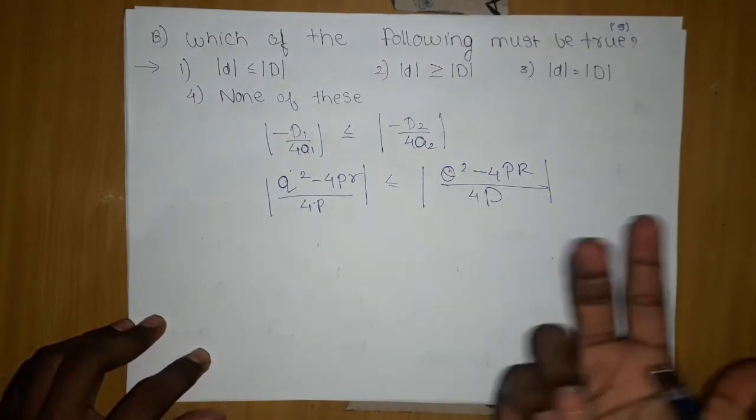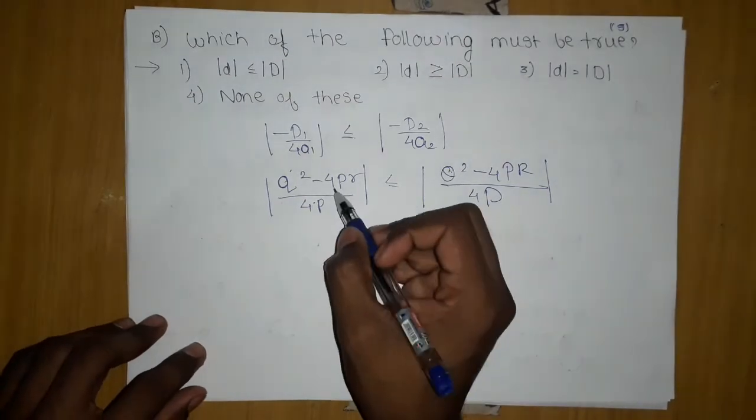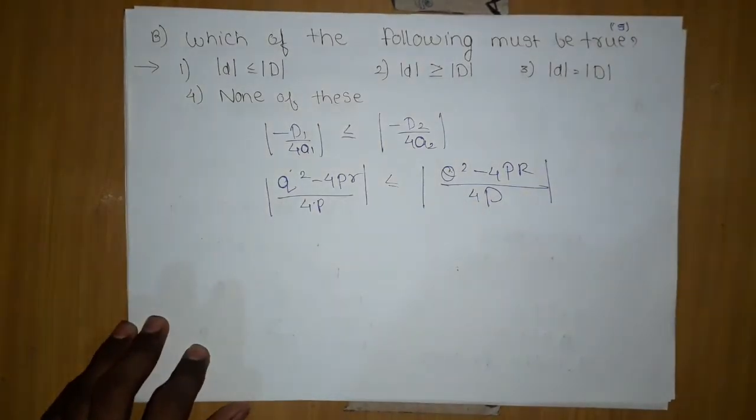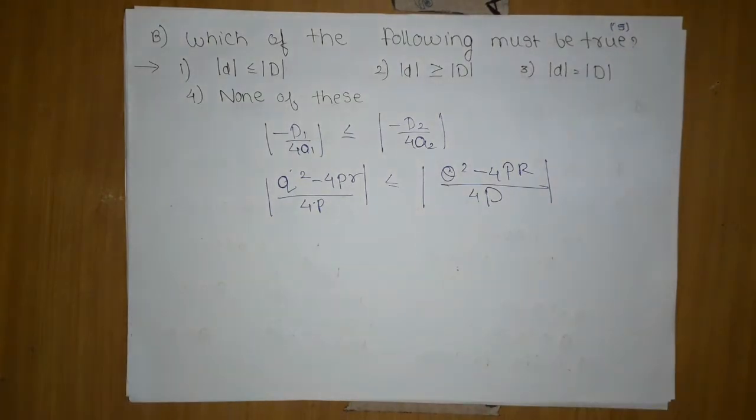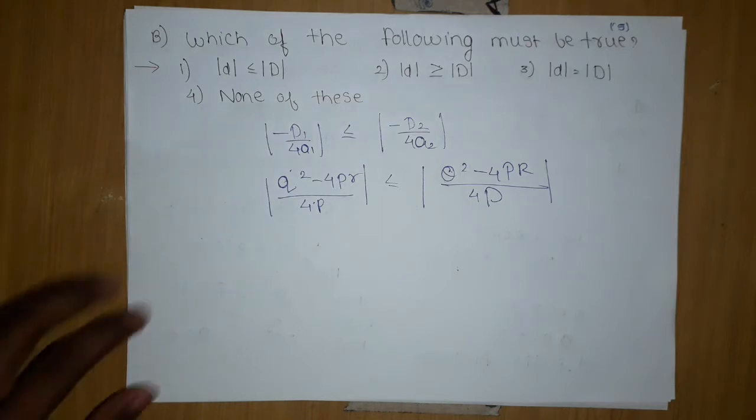Now what can we get from this? We came to know that these two are greater than 0, and we have already said that these two quadratics are the same. So their discriminant must be the same.